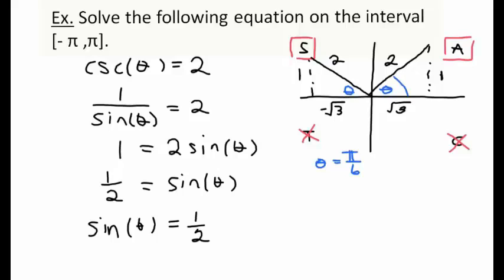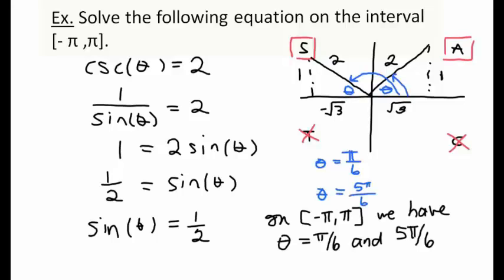So pi by 6 is going to be one of the angles that we're looking for. The other one begins at 0 and goes all the way over here. This is 6 pi by 6 minus pi by 6. So our other value for theta is going to be 5 pi by 6. So our 2 solutions on the interval from negative pi to positive pi are pi by 6 and 5 pi by 6.